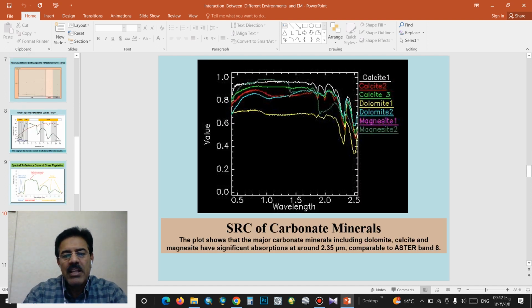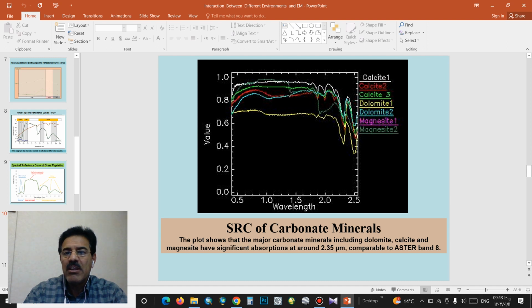This slide: a spectral reflectance curve of carbonate minerals. The plot shows that the major carbonate minerals, including dolomite, calcite, and magnesite, have significant absorption at around 2.35 micrometers, comparable to ASTER band 8.